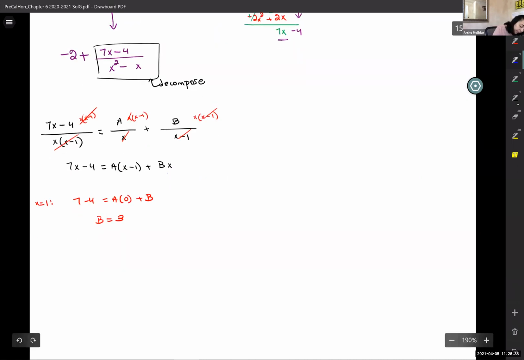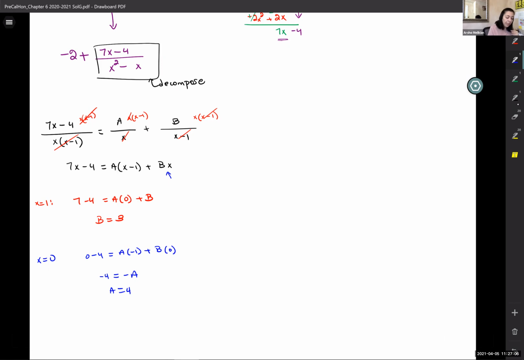And then to make this one go away, I plug in x equals 0. 0 is a number, remember? So I get 0 minus 4 equal to A times minus 1 plus B times 0. So negative 4 is negative A, so A is 4.